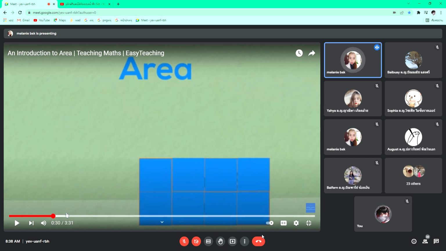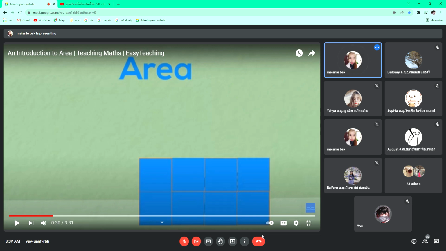For example, we have a rectangle. So how many squares could fit in the rectangle? It's on your screen.